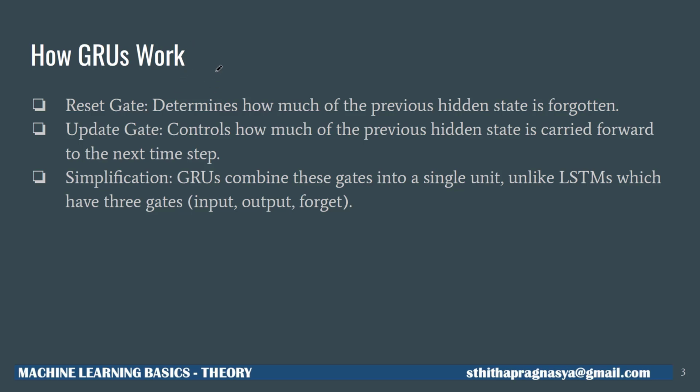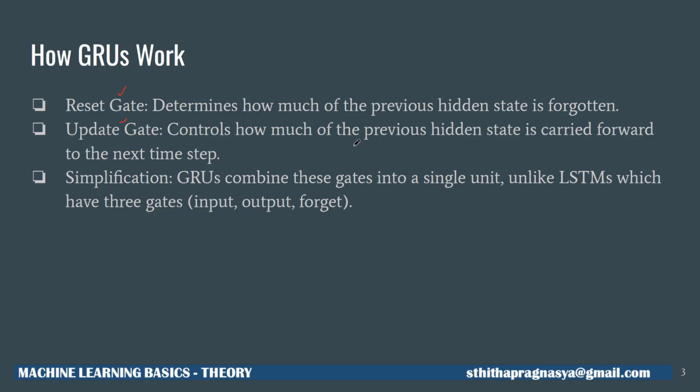So how does GRU work? GRUs have two main gates that control the flow of information. One is the reset gate, and the other is the update gate. The reset gate determines how much of the previous information should be forgotten. When the reset gate is close to 0, the unit effectively resets, forgetting the previous hidden state.